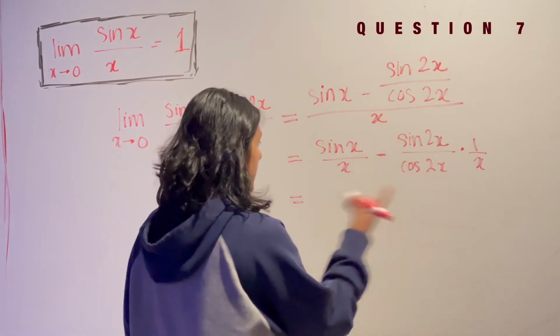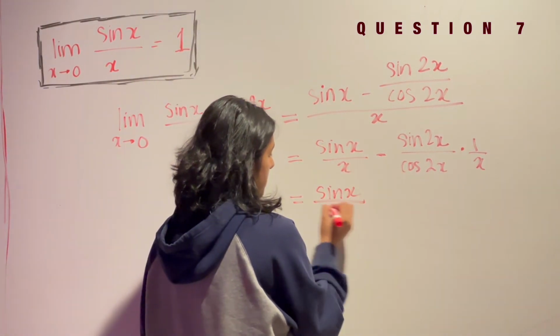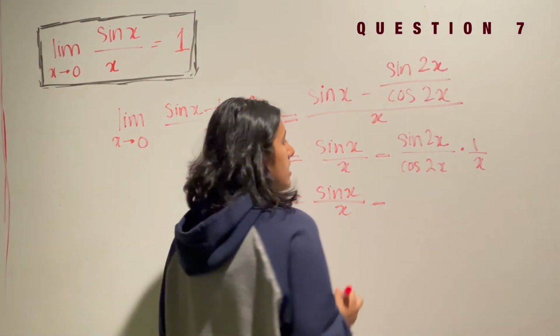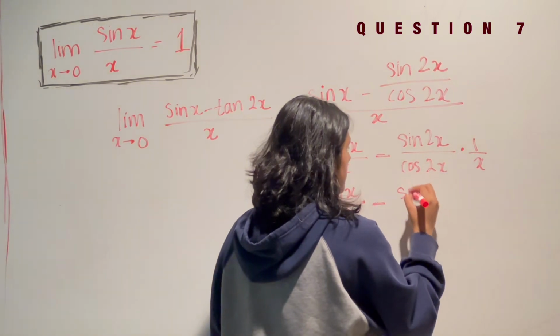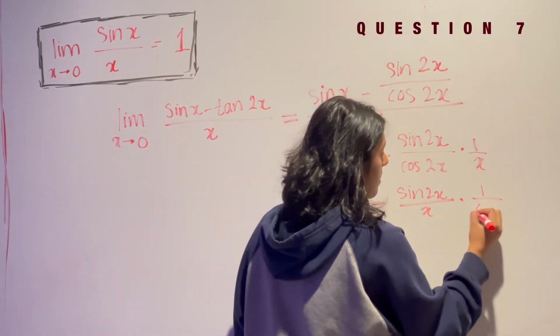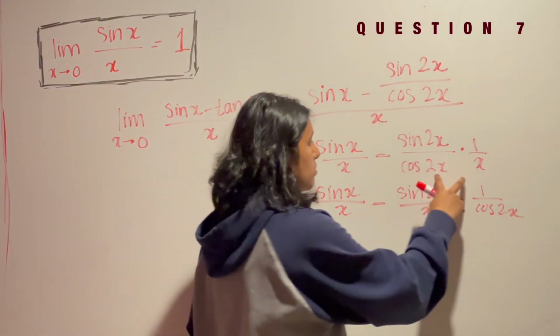Alright, now that we have this, let's leave this the exact same, and we are subtracting that. Now let's take sin 2x over x multiplied by 1 over cos 2x. This is exactly the same, I just switched these two around.